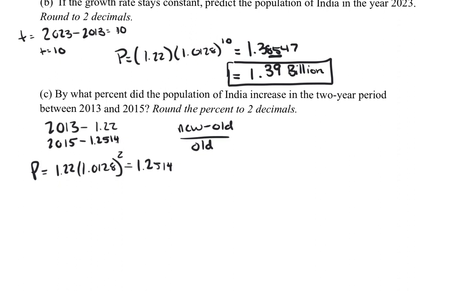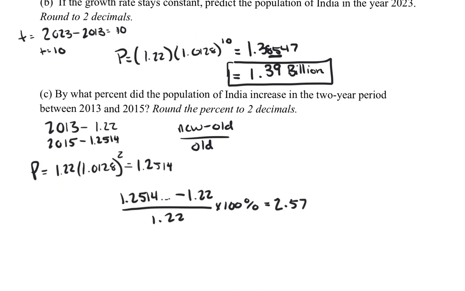So here, the new is our 1.2514, and I'm going to use more decimals in my calculator, and subtracting 1.22 divided by 1.22 times 100% to give us that percentage, and that will get me 2.5763, or rounded to 2 decimals, 2.58%.